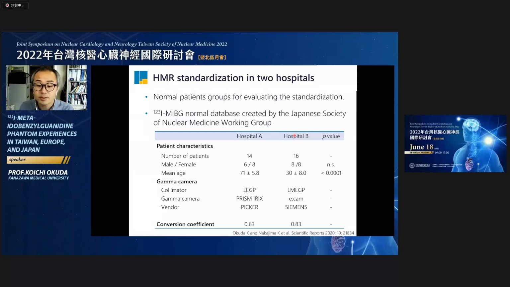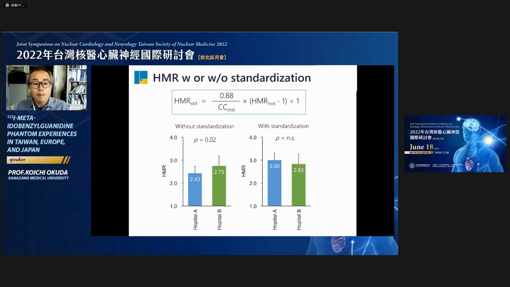Conversion coefficients were 0.63 for Hospital A and 0.83 for Hospital B. By using this equation, we calculated clinical HMR values with or without standardization in two hospitals. Without standardization, average HMR values were 2.43 and 2.75 for hospitals A and B, respectively.